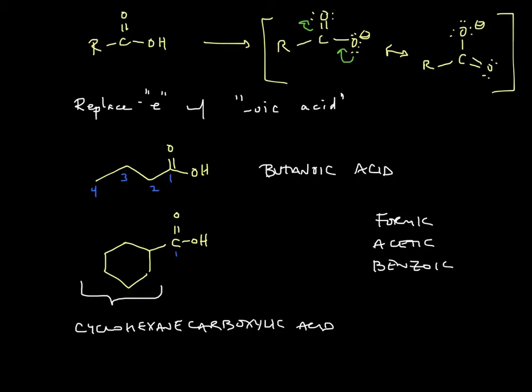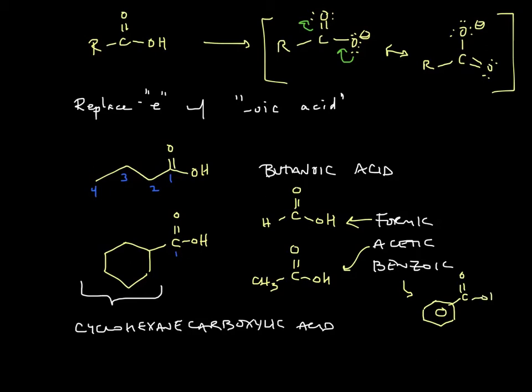Formic acid would just have 1 carbon, so no one ever says methanoic acid. It's called formic acid. Likewise, acetic acid is the 2-carbon version, and no one ever really says ethanoic acid. Just say acetic acid. Benzoic acid is just with the benzene ring. And that is the name of that guy.